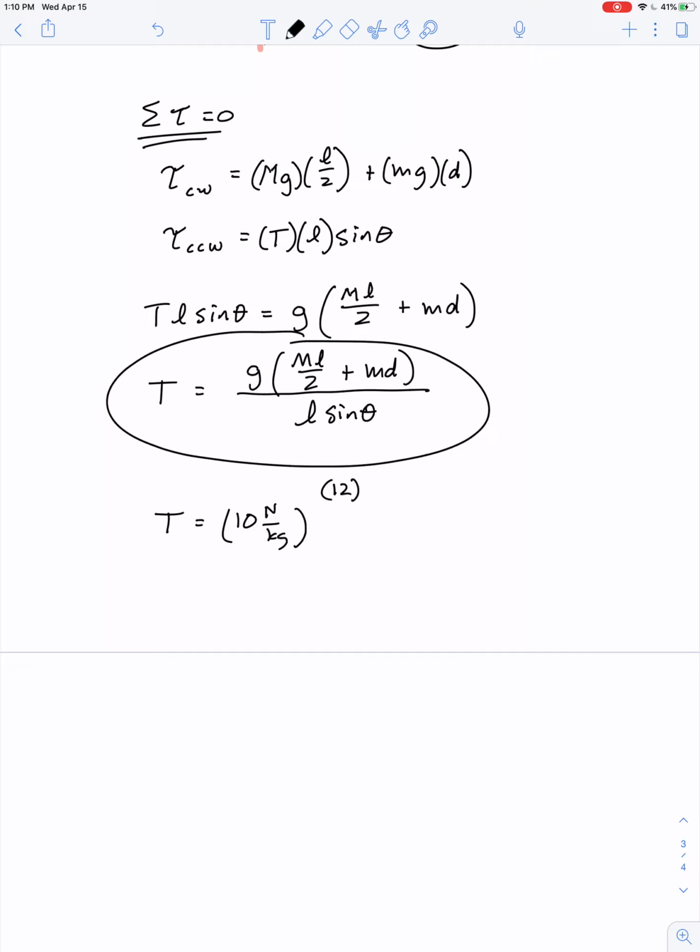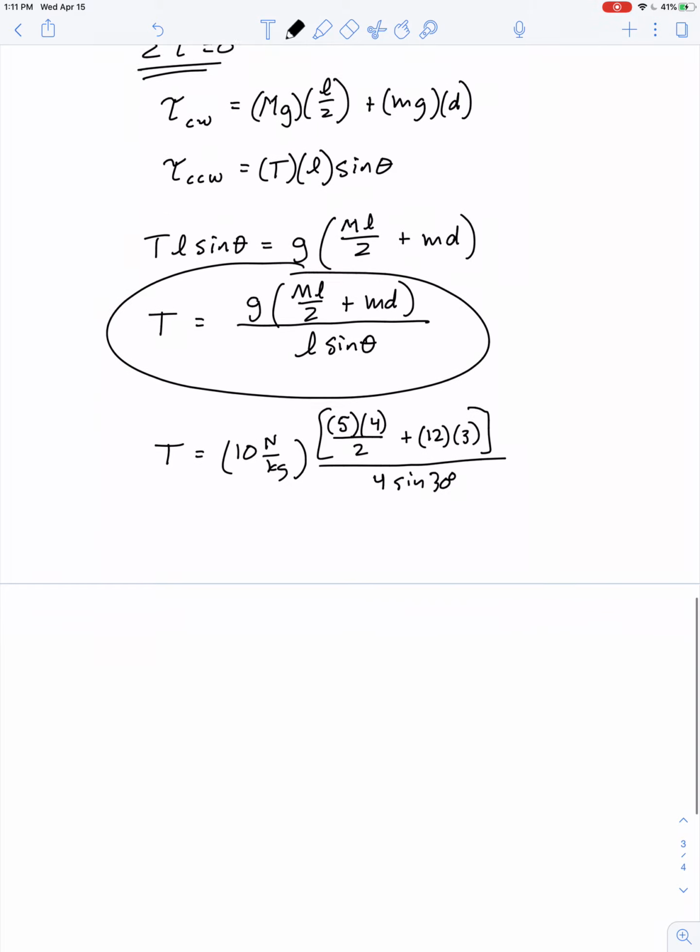Oh no, I'm sorry. 12 is the mass of the sign, isn't it? 5 times 4 divided by 2 plus 12 times 3. There we go. All divided by 4 times sine of 30 degrees.